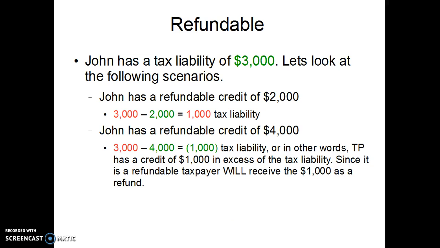We also have the earned income credit, which is a refundable credit. We have the child tax credit, part of which is refundable, as well as the American Opportunity Credit, which is an education credit. Those are the few that I could think of that are refundable credits, and then we have others that are non-refundable that will just reduce the tax liability up until zero, but the taxpayer cannot get a refund.